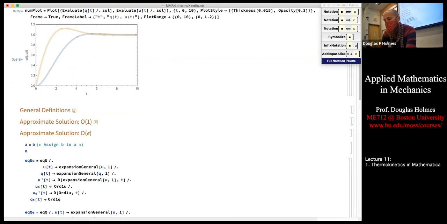Double equal sign is equality. How do I want to write this? There is equality, used when defining an expression. Yeah, expression, I guess, is a better way to think of it.